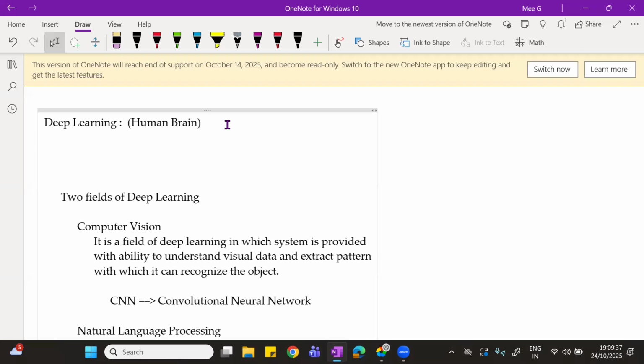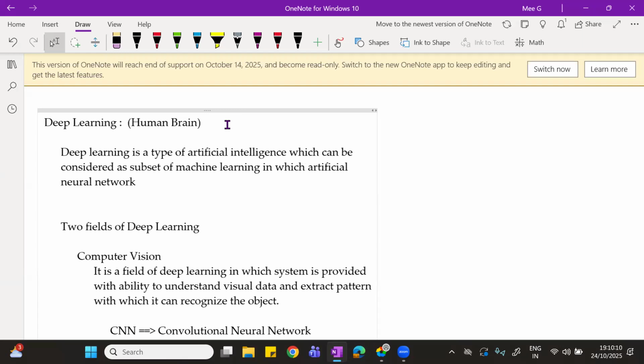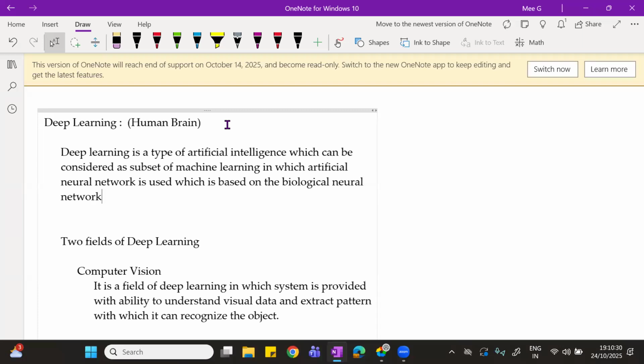So I can define this as: deep learning is a type of artificial intelligence which can be considered as a subset of machine learning, in which the artificial neural network is used, which is based on the biological neural network, which is like in the brain, how the neural network will be there. This artificial neural network is based on that.